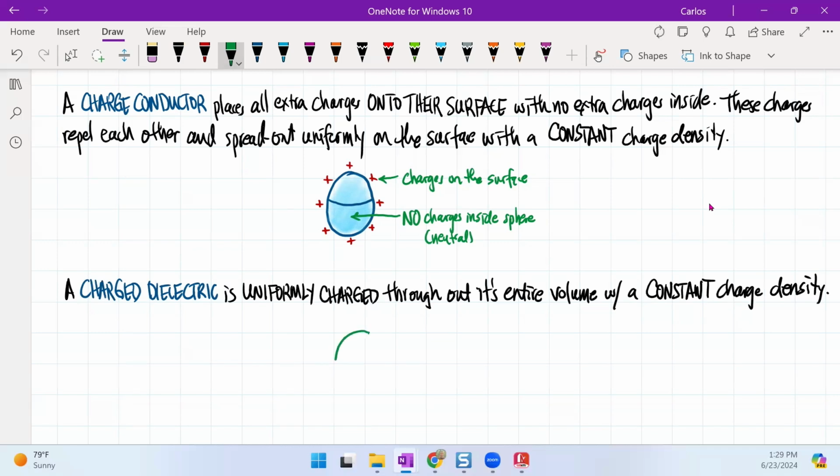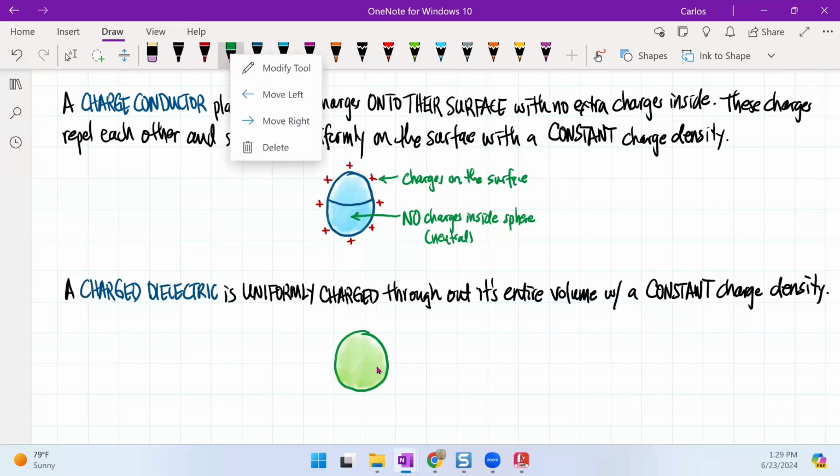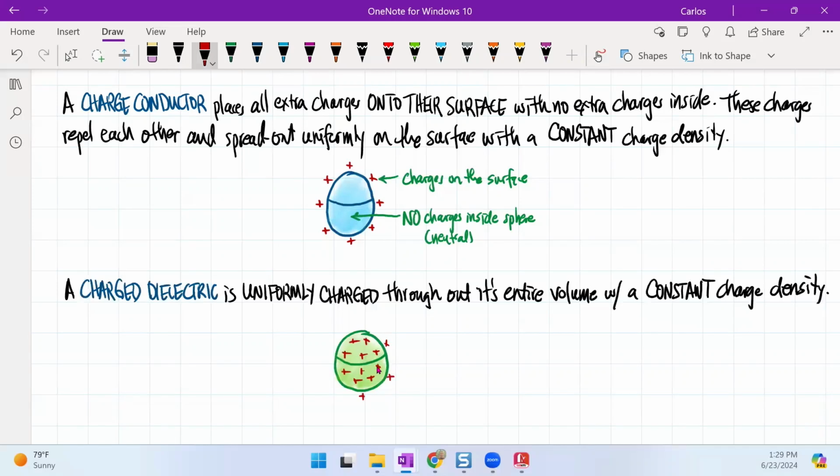So here I go. I have a sphere. By the way, I could have drawn a cylinder. I could have drawn a cube. But I have this sphere. And when I look at the sphere, it has a charge density. But the way the charge density sets up here is that it's distributed uniformly, as well as surface charges at the surface.